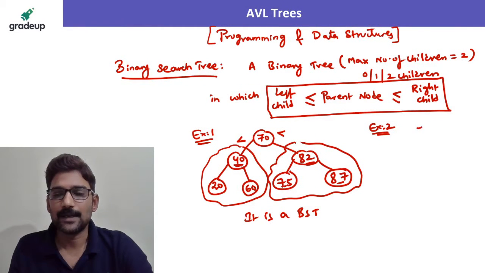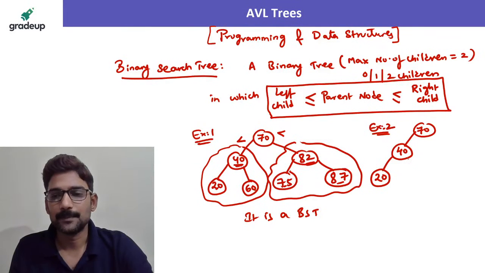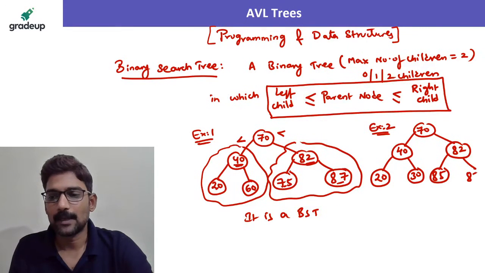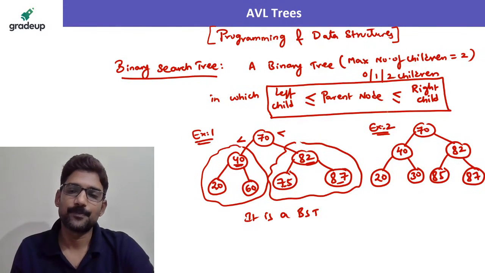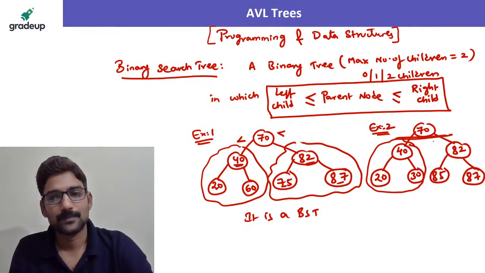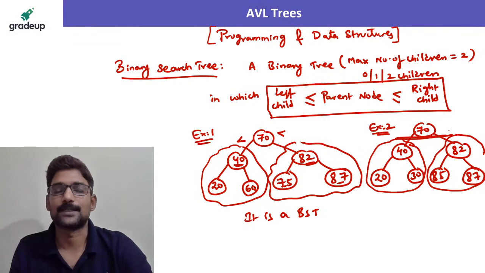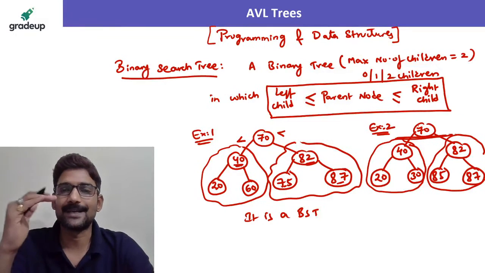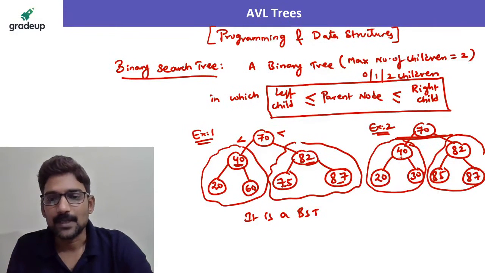Suppose I have a tree like this: 70, 40, 20, 30, 82, 85, 87. Carefully observe. When you compare with 70, all the left are smaller, all the right are greater. But this property should be satisfied at every level. 40 is greater than 20, but is it greater than 30?